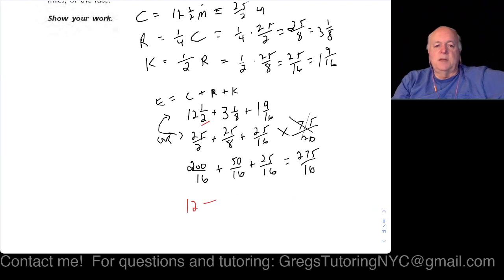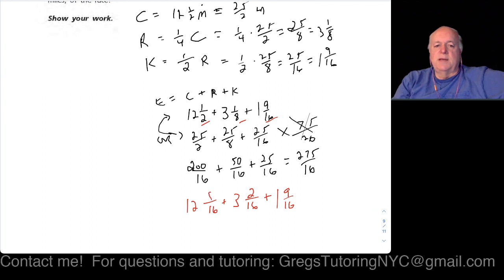So we're still going to get 16ths plus 3 and something 16ths plus, and then 1 9/16 we're just going to leave alone. Okay, so 3 1/8 becomes how many? 2/16, right? And then 12 1/2, the half becomes 8/16.